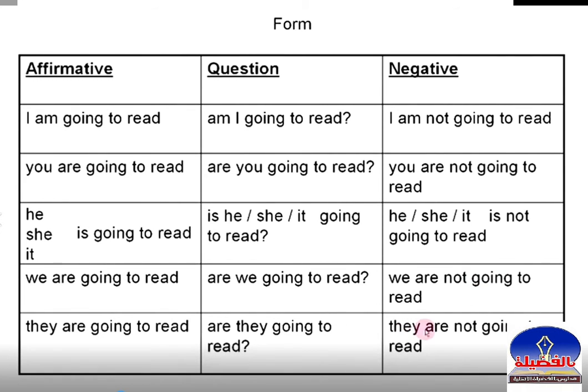And they are not going to read. The important word here is the word not. So in the negative, we add the word not. Now let's look at some uses of going to.